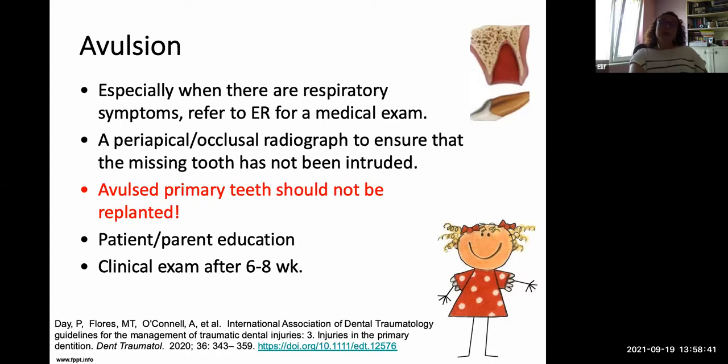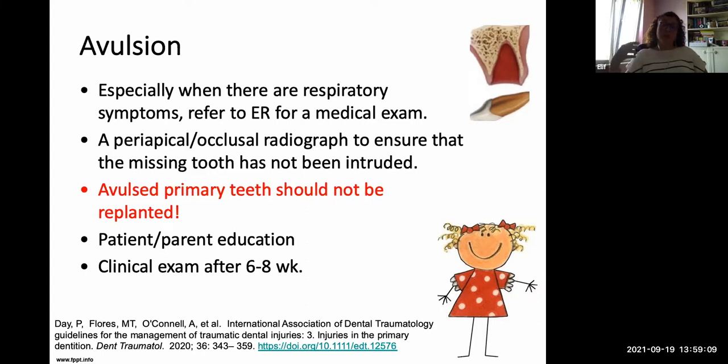We should take a periapical or occlusal radiograph to ensure that the missing tooth has not been intruded, because sometimes it might be confusing. The parents may come and say that the tooth was knocked out of its socket, but sometimes we might miss the situation.